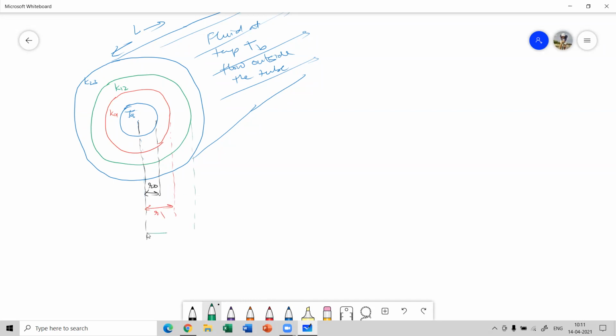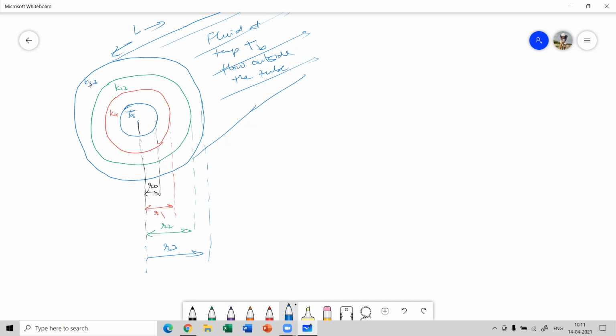The green one has the radius R2. And the last one, let's say, has the radius R3. Whereas the thermal conductivity of the red one is K01, the thermal conductivity of the green material is K12, and the blue material, which is the outer tube, has the thermal conductivity K23.